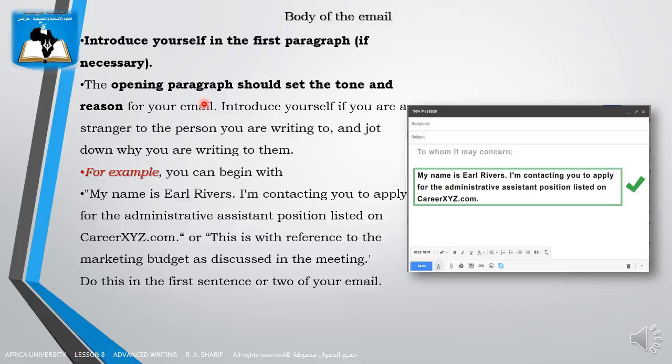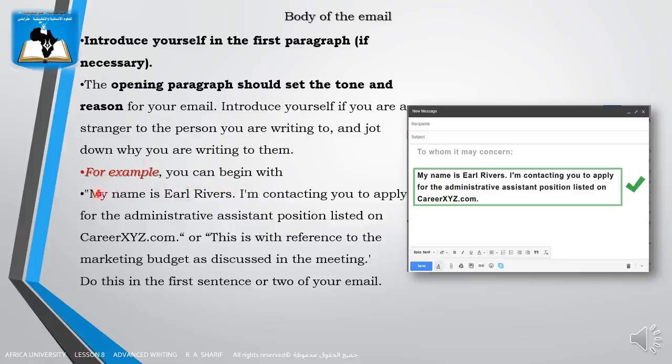Okay, first of all, you write your name or introduce yourself, then tell them the reason why you are emailing them. Okay, let's see the details here. The opening paragraph should set the tone and reason for your email. Introduce yourself if you are a stranger to the person you are writing to, and jot down why you are writing to them.